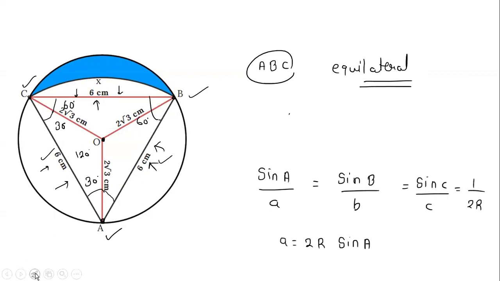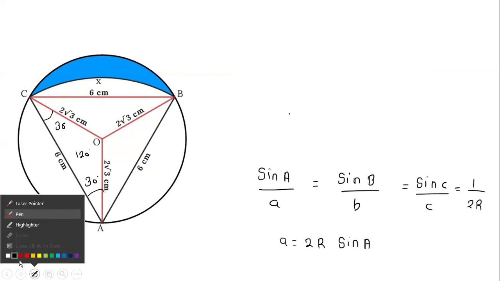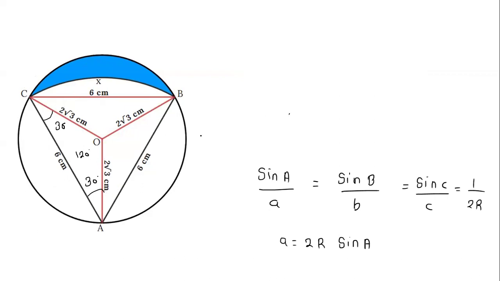And what we can do, we can apply the sine rule to find the radius of this circumcircle. So you can see this triangle ABC's circumcircle is this circle, and we can find the radius of this circumcircle by applying this sine rule. So sine A by a is equal to sine B by b is equal to sine C by c is equal to 1 by 2R.